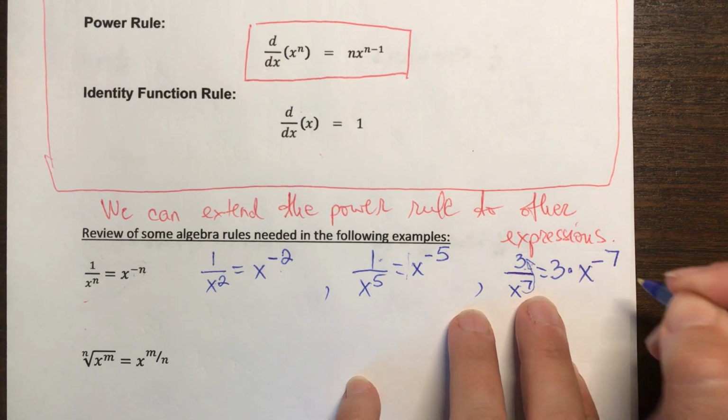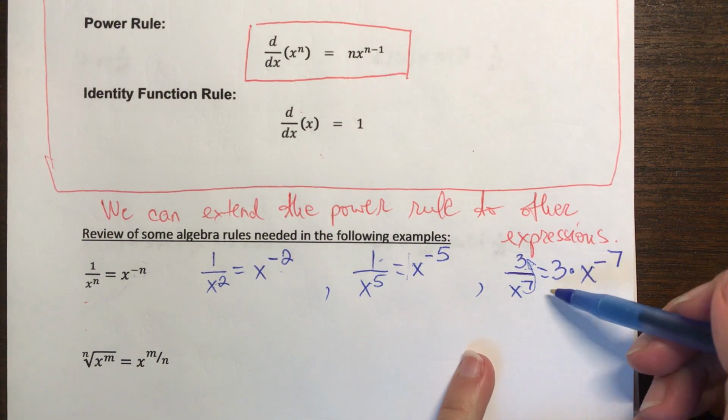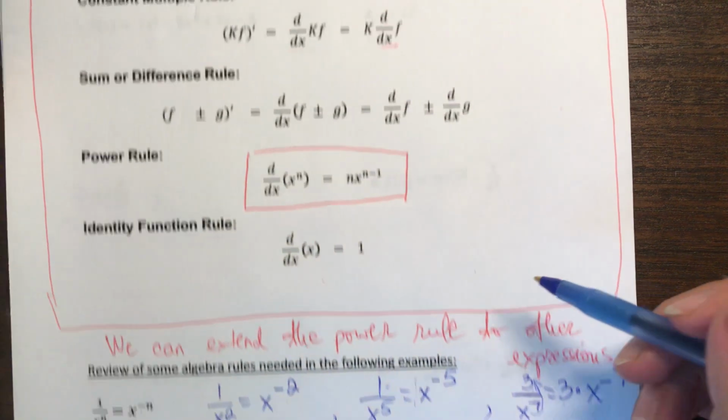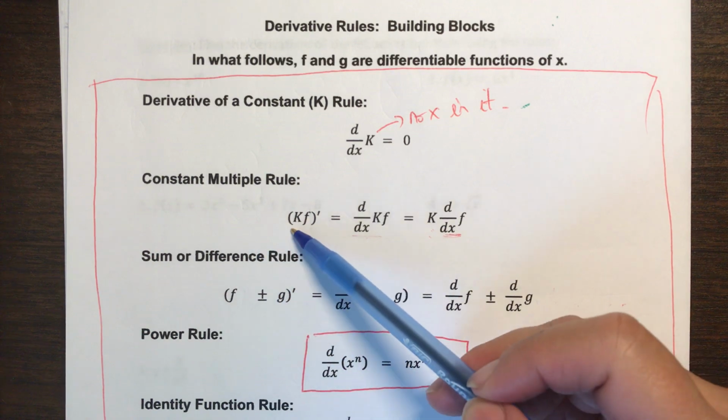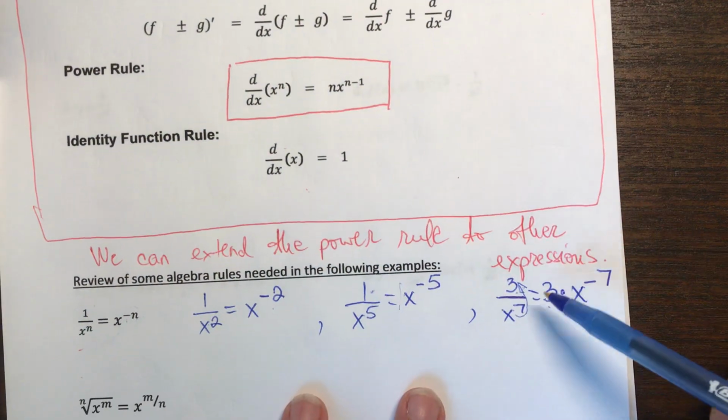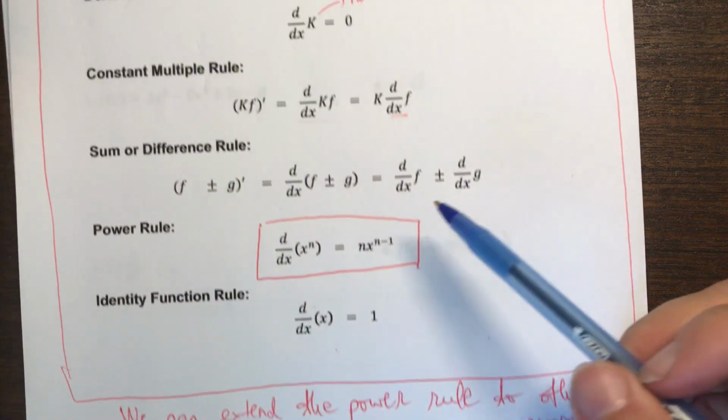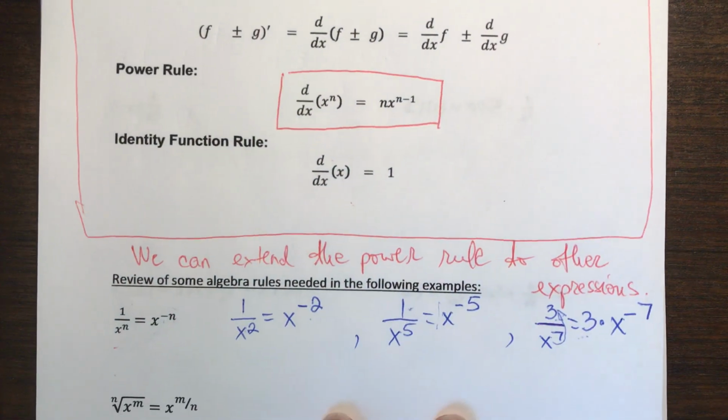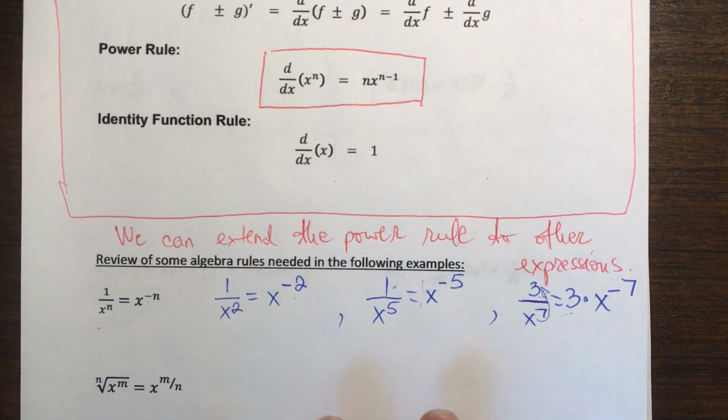So that's going to be a 3x to the negative 7. And we definitely have already what we call the constant multiple rule, right? What do we do with the coefficient basically? And the power rule. So we'll be able to take the derivative of such a fraction in the end.